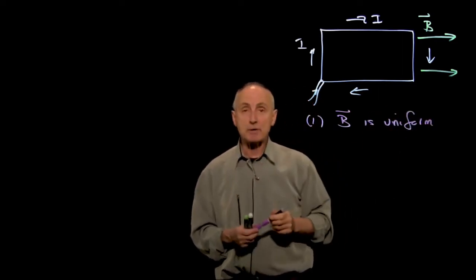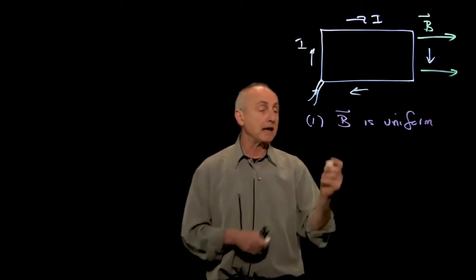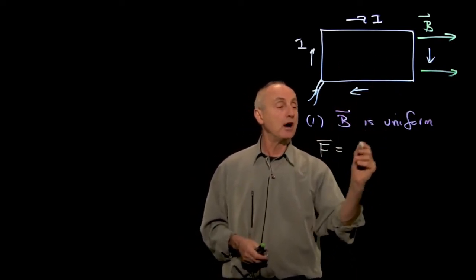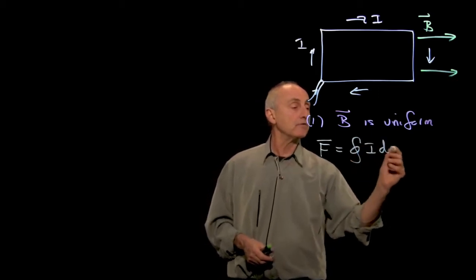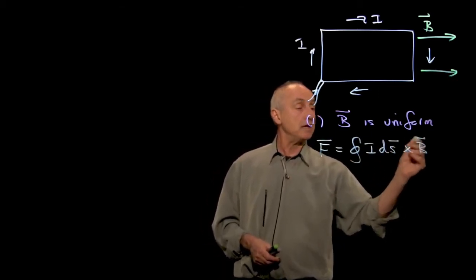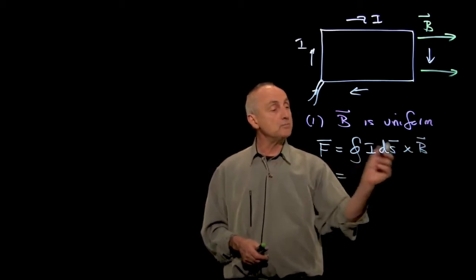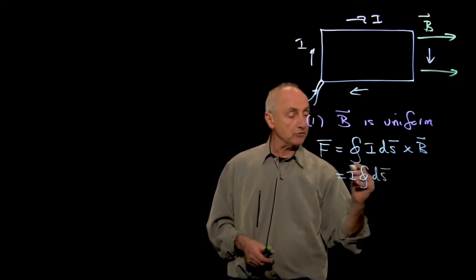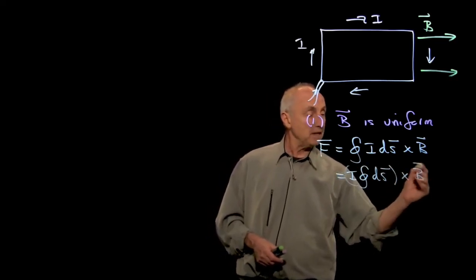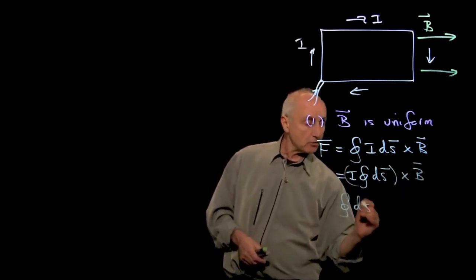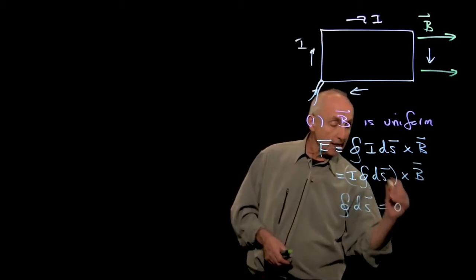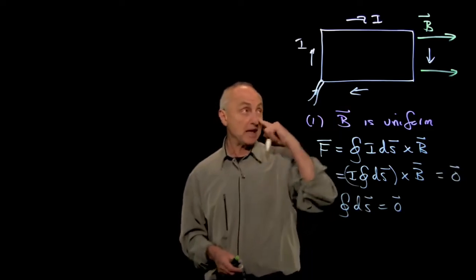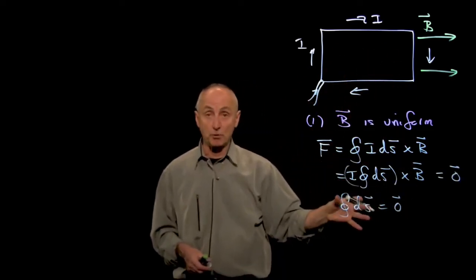And we know that when we put a current loop in a uniform magnetic field, then the force on that loop is the integral of I ds cross B. But because B is uniform, I can pull that out of the integral, cross B. And the integral of ds around a closed path is 0. And so the force on a current loop in a uniform magnetic field is 0.